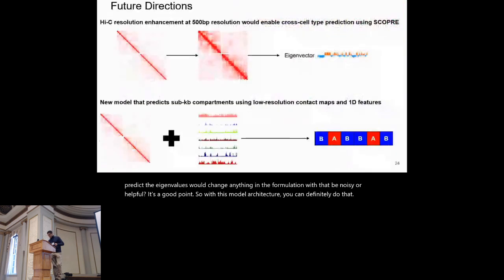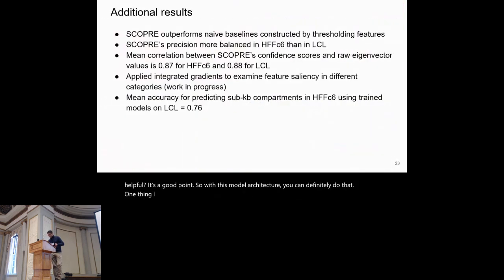One thing I probably failed to mention is that we actually did try to correlate the confidence scores that the model outputs with the raw eigenvector values, and we indeed find a pretty high correlation, 0.9. That shows that even just training on those binary labels, the model is sensitive to the compartment strength.